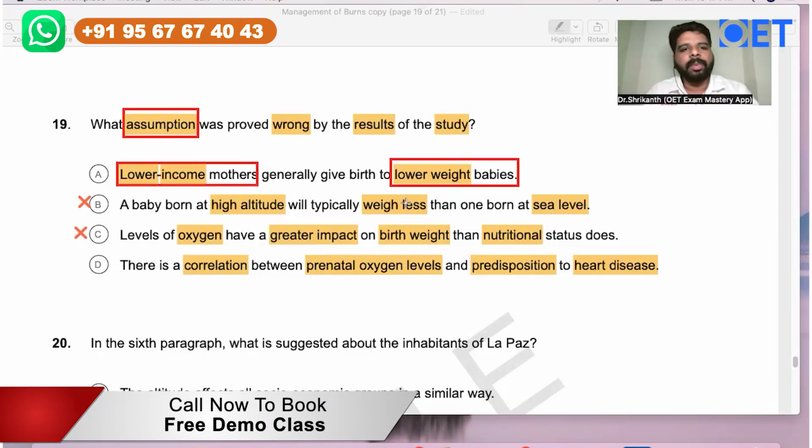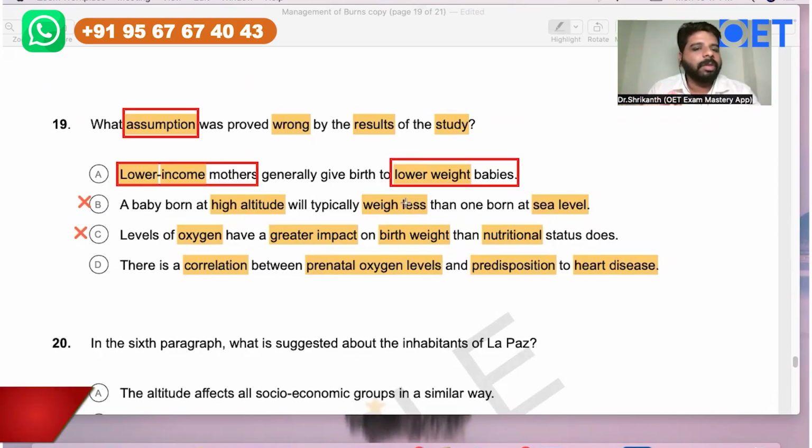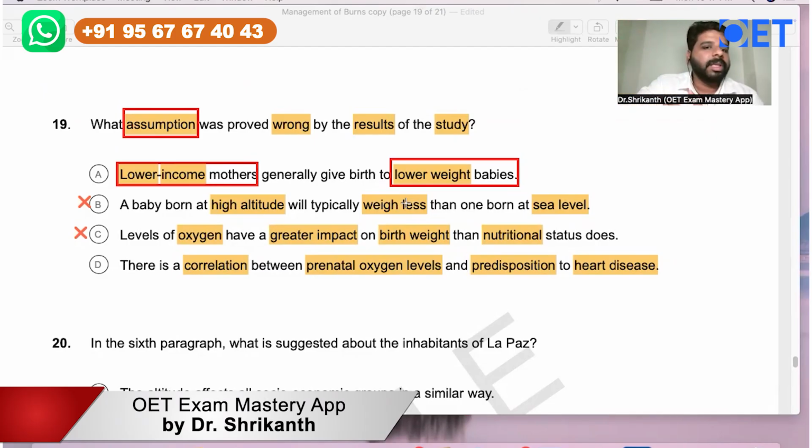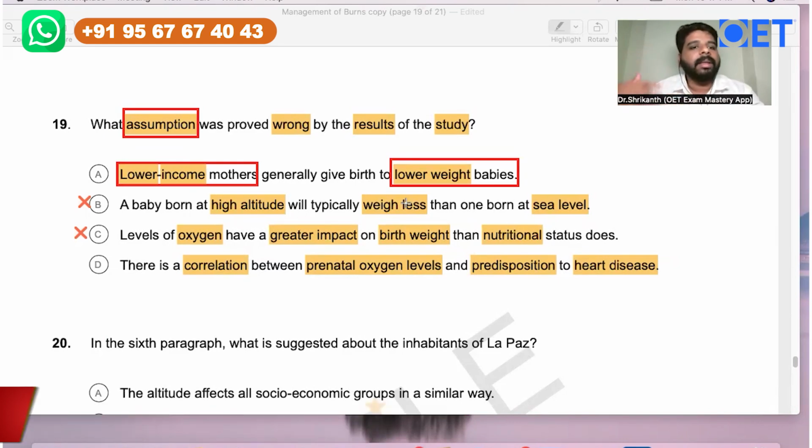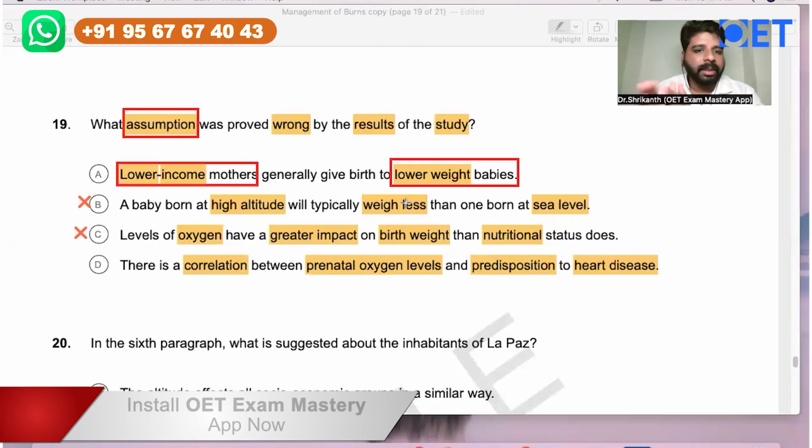Poor people at high altitude, they give birth to babies who are low, but that was the assumption that was proven wrong, because according to the study, what did they find out? They found out that lower income mothers, their babies were heavier than high income people. The difference was in the ancestry, so something in the genetics. The poor people had some kind of genetic adaptation to high altitude.